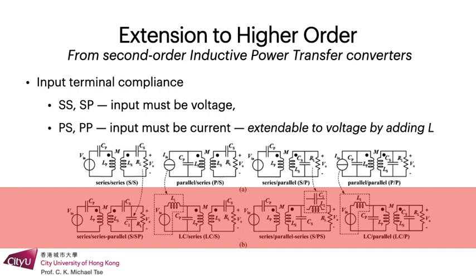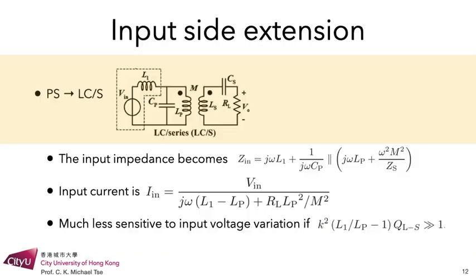And for the PP case, again, we can replace the current source with a voltage source behind an inductor, so that it becomes terminated by an input voltage source. This is one extension, and our purpose here is to understand whether extending the input side with an inductor produces any desirable performance or feature.